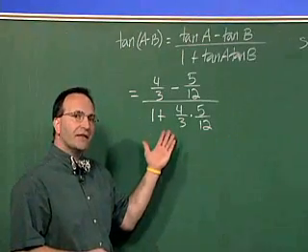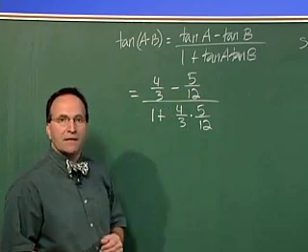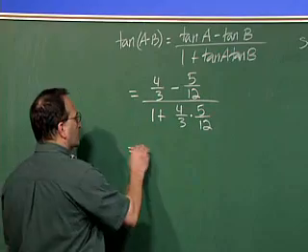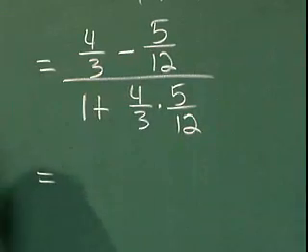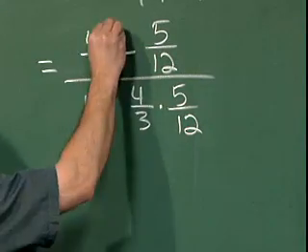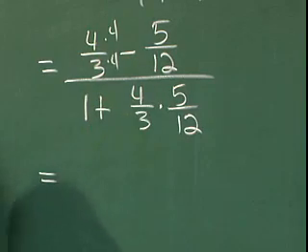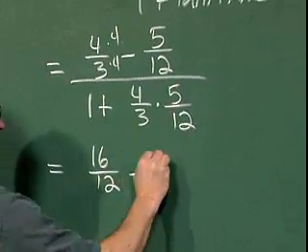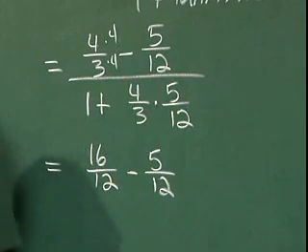To simplify this, we need to find the common denominator for both the numerator as well as the denominator here. So the common denominator on here is, of course, 12. We have to multiply by 4/4. And that gives me 16/12 minus 5/12 in the numerator.